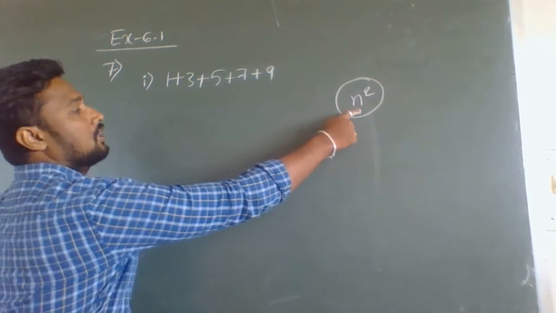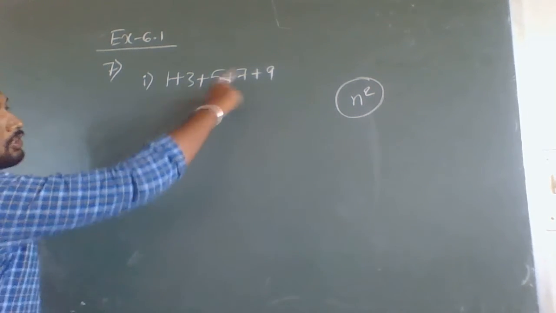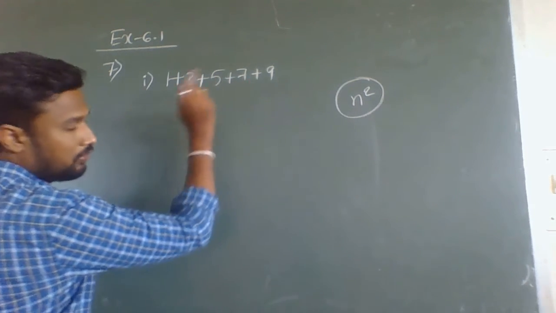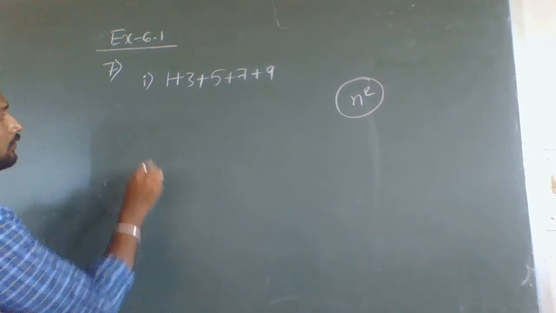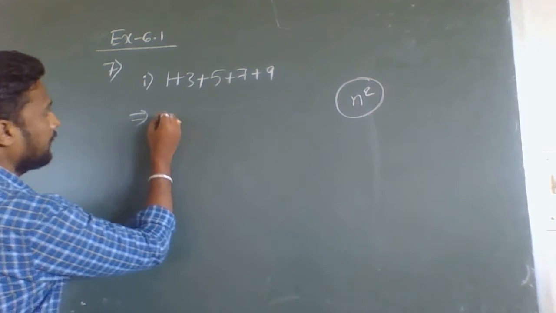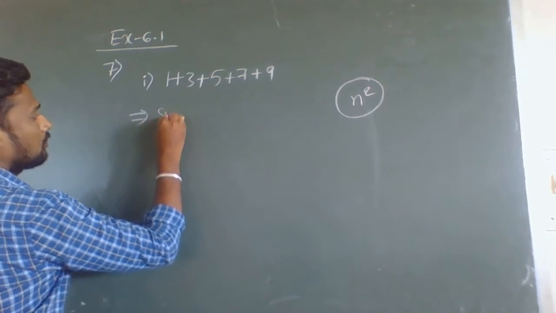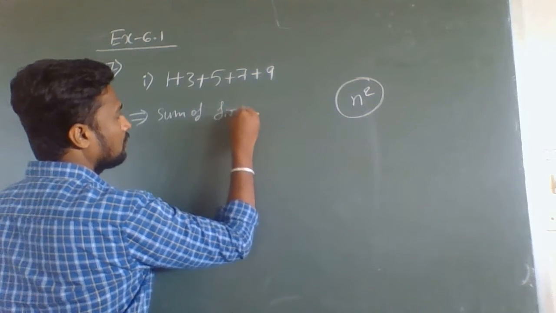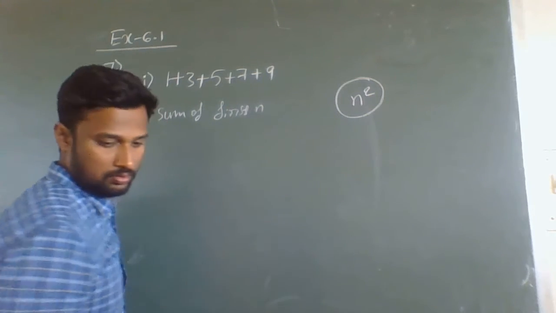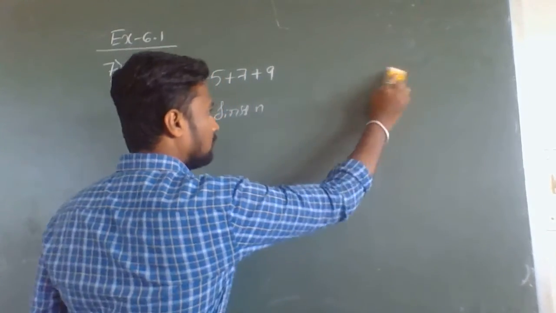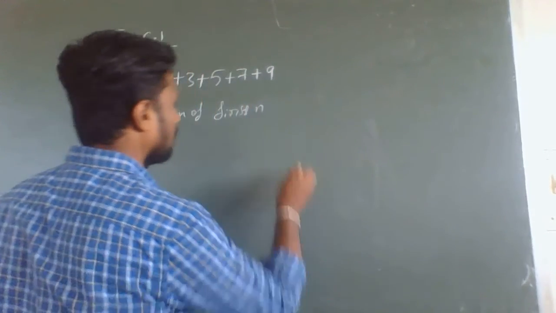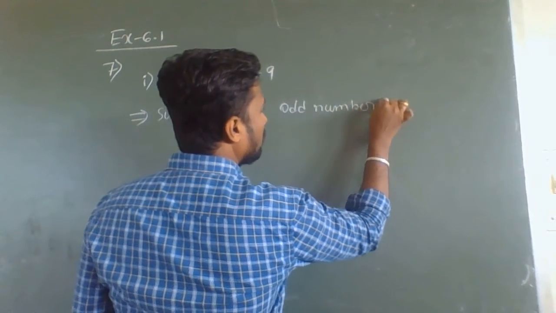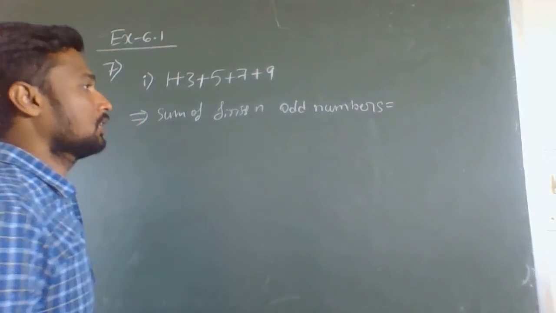This n means the number of terms they have given. So here I will write how many numbers they have given: 1, 2, 3, 4, 5. There are totally 5 odd numbers. So below this, you should write: sum of first n odd numbers equals n square.